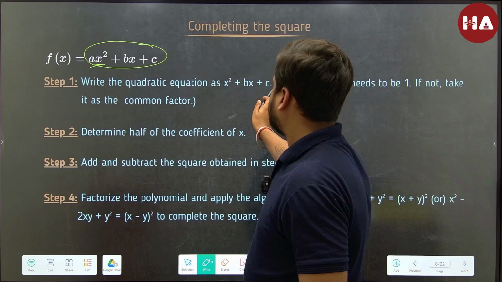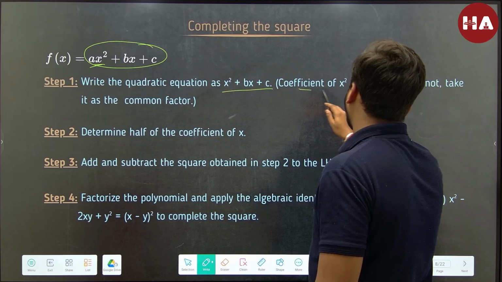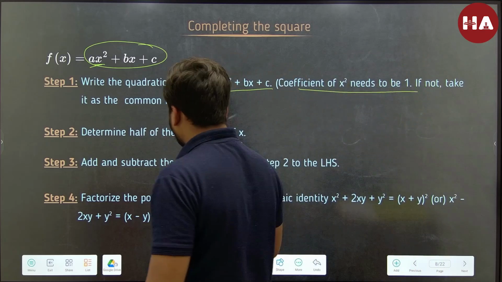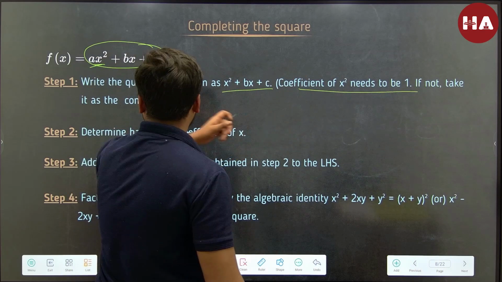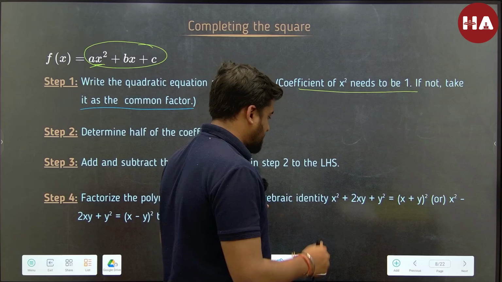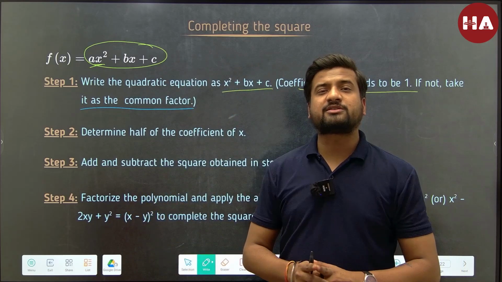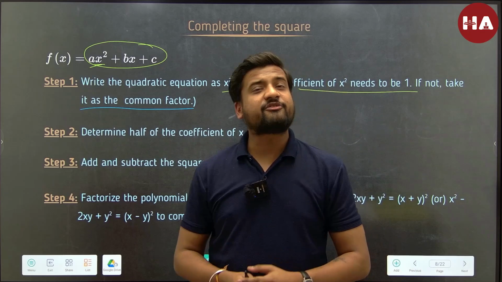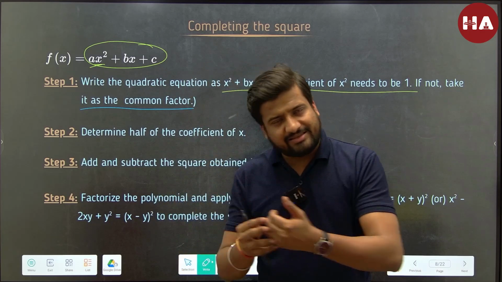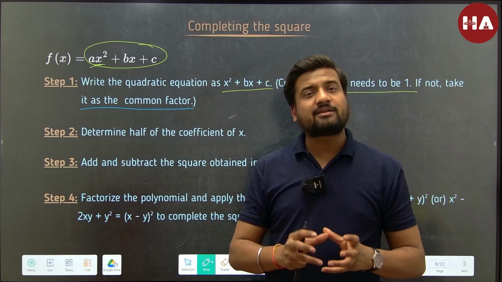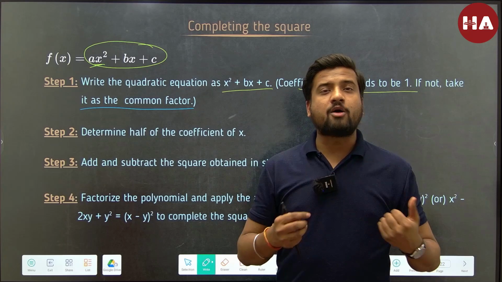See, the coefficient of x square needs to be 1. If not, take it as the common factor. So if you have a quadratic function in which the coefficient of x square is not 1, take out that number as the common factor.